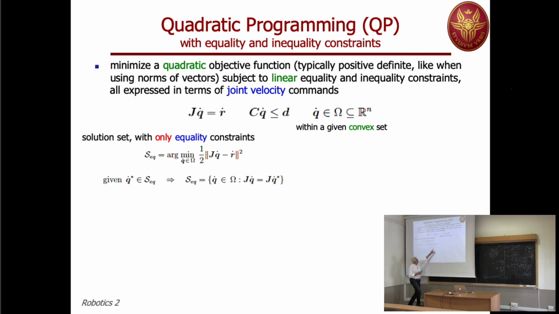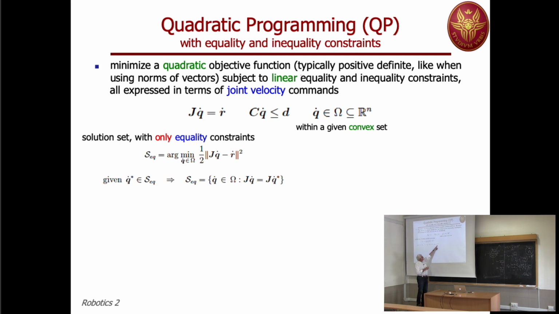If Q dot star was exactly solving this, then we will look only for other Q dot which solve the same equation. And there may be many if we have redundancy. Among this, we will find the minimum norm one.